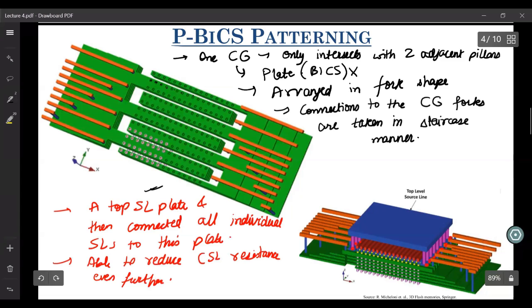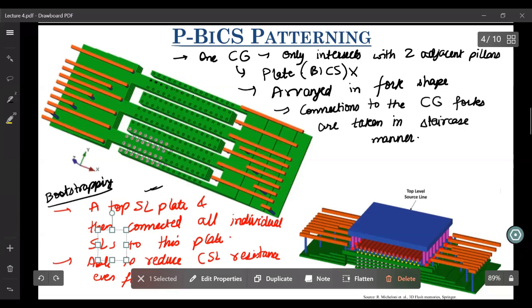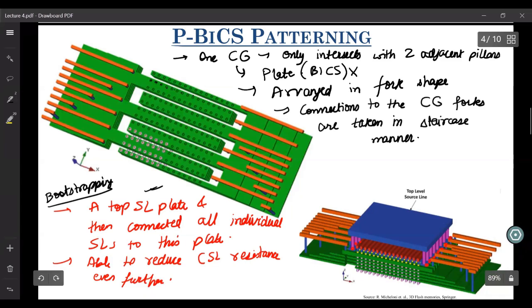Whatever they have done is also an example of bootstrapping. They took these individual source lines, which were present at some lower metal layer, and took a top level source line plate and connected to it so as to reduce its resistance further. And once its resistance is reduced further, some noise immunity is also improved.